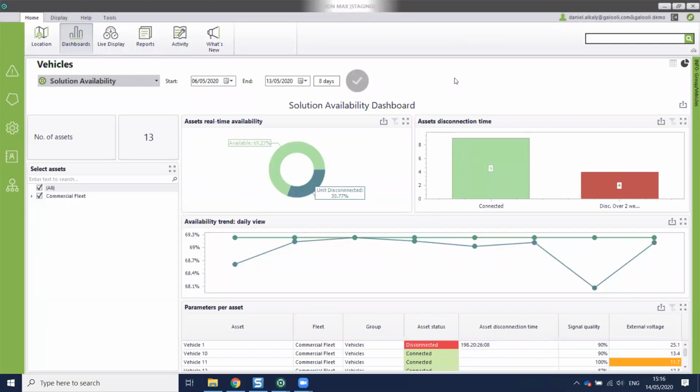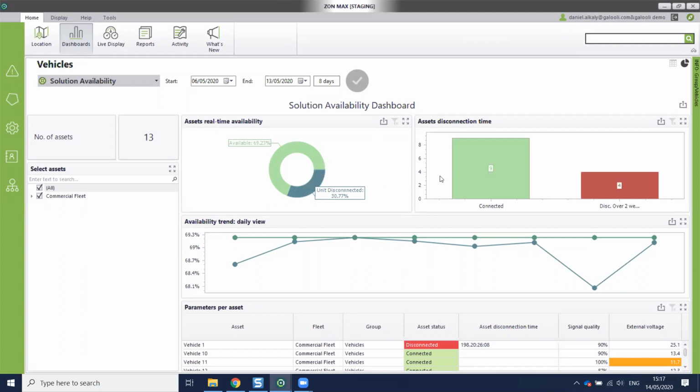We're not receiving data from the unit. So basically, if you want to be able to review the status of the unit in terms of the connectivity, you simply could go here and see exactly the amount of units which are disconnected and connected.